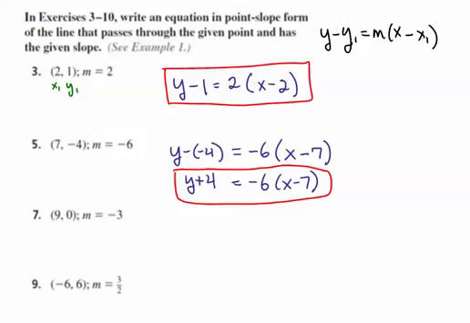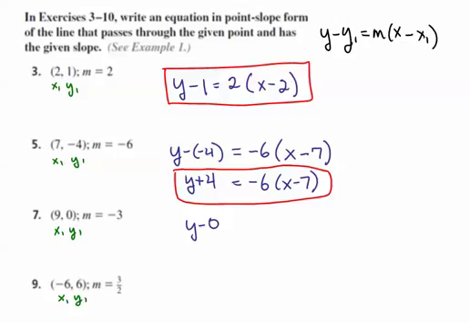Next example, y minus y1 is 0. So again, I didn't label these, but you can go ahead and do that: x1, y1, x1, y1, x1, y1.